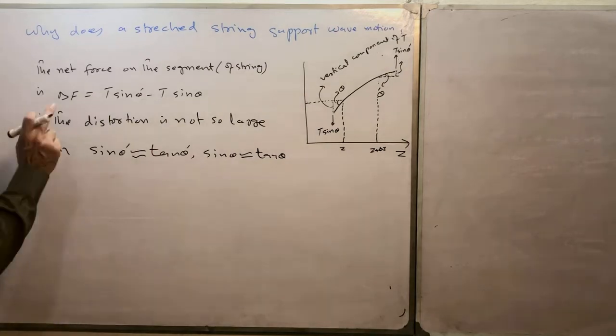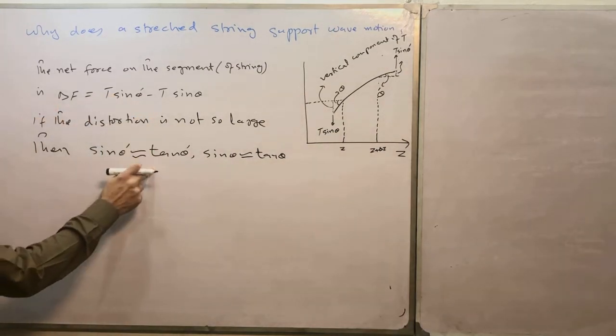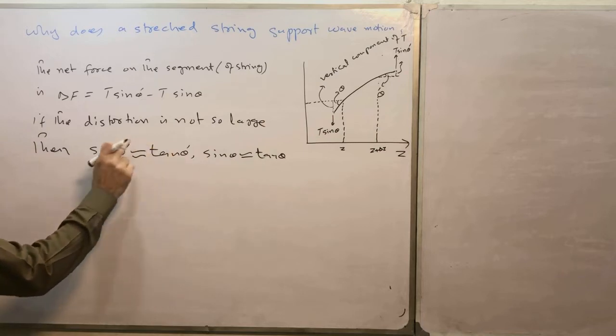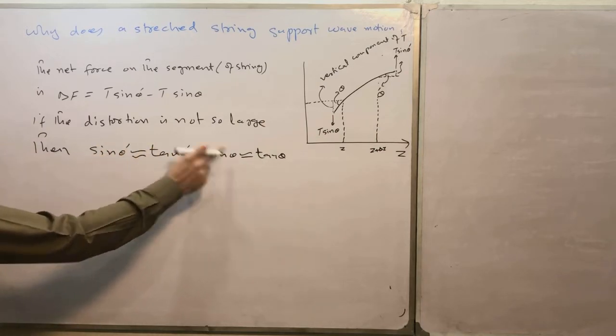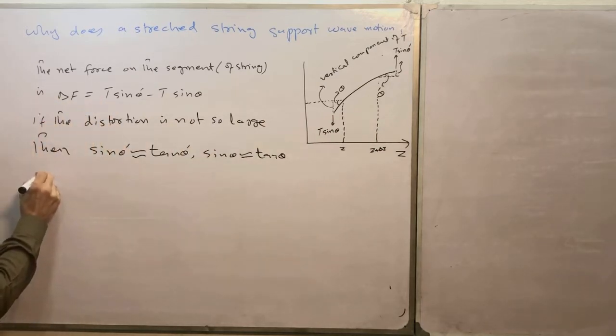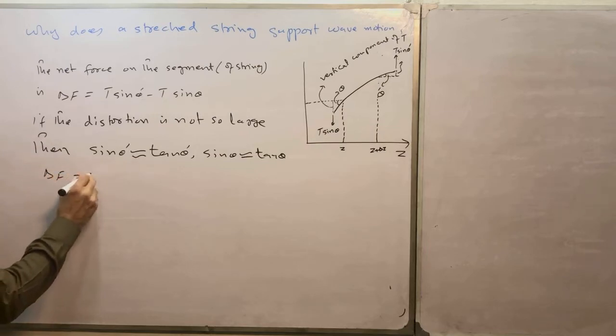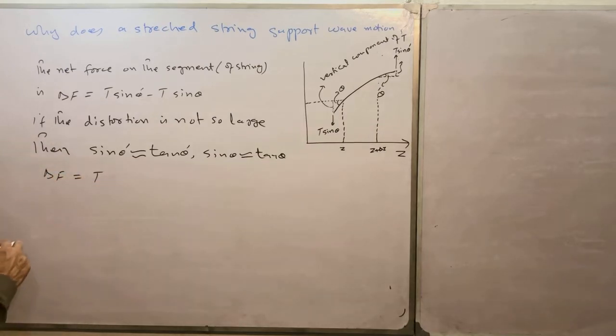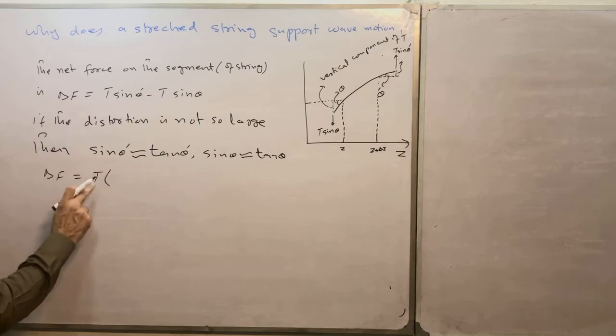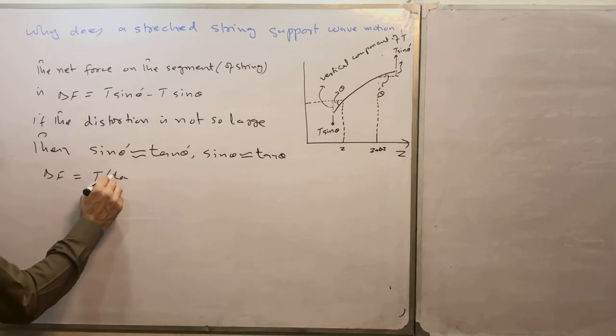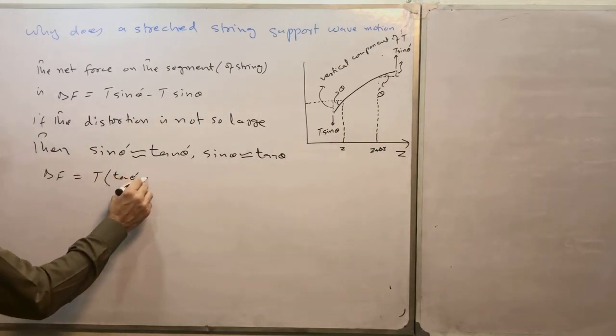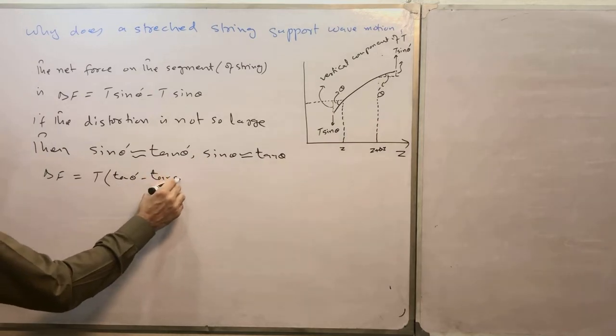Then putting the values of sine theta prime and sine theta in this equation, it means that delta F, if we take T common, is equal to T times (tangent theta prime minus tangent theta).